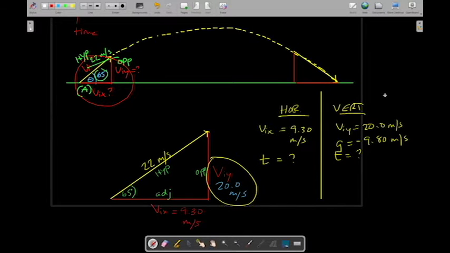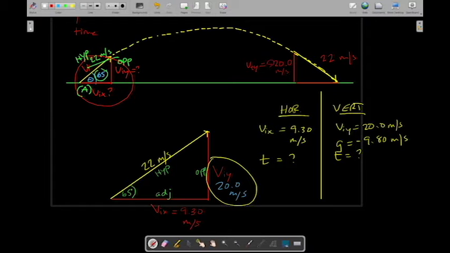So our final velocity is 22 meters per second. This side is actually your velocity final y. That value is the same value as what we found for our v initial y, which is 20 meters per second, but we're going to label it as negative 20 meters per second. So again, v final with regards to the y, the vertical axis, is negative 20.0 meters per second.